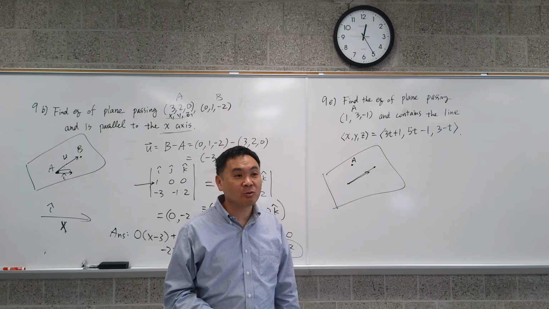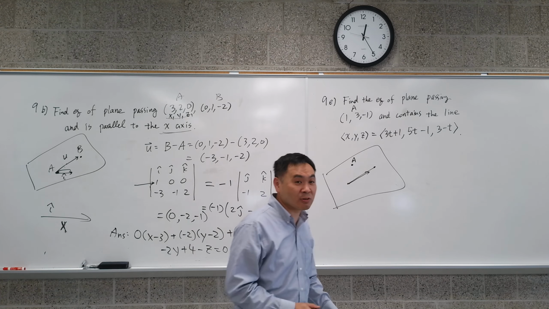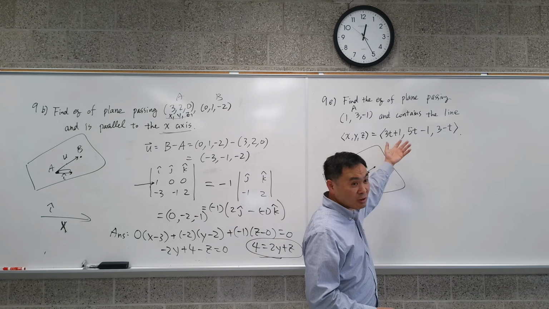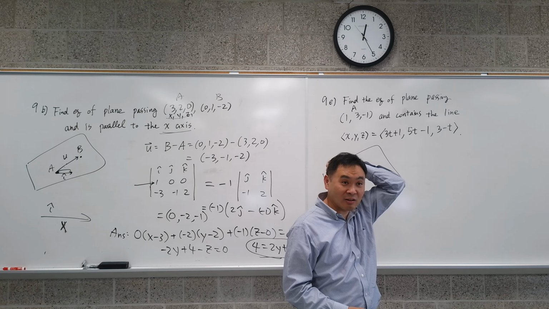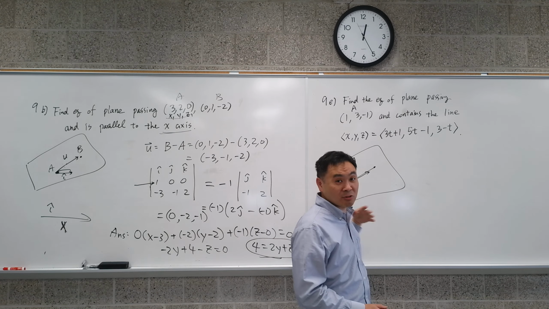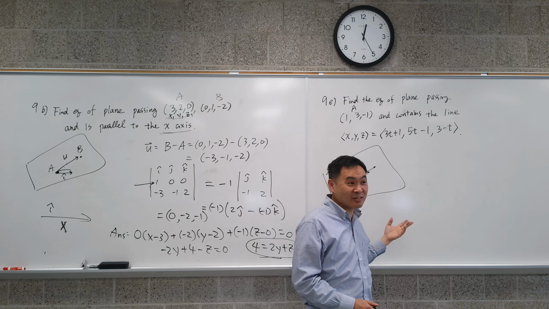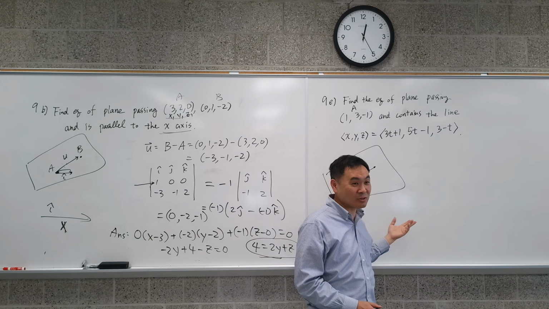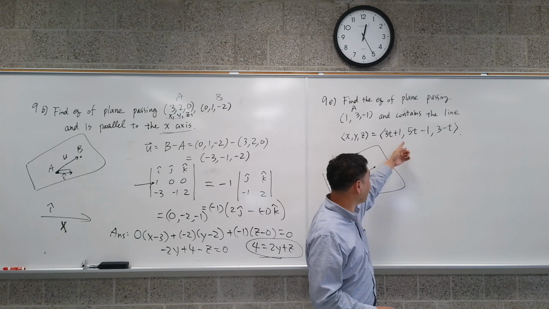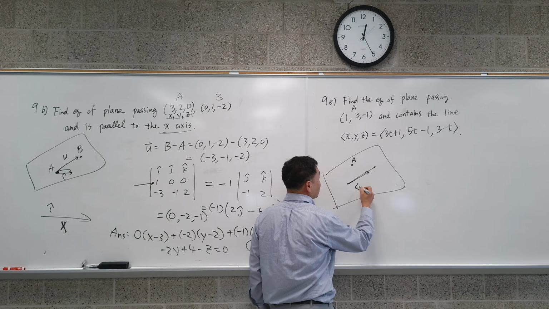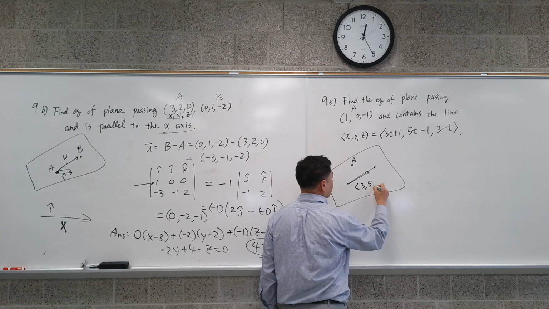Why is that? Because that's what you get if you differentiate, right? If you have something moving, then you differentiate, you get the velocity, and velocity must be the direction of the line. Obviously, right? Was that hard? No, just differentiate. That's 3, 5, negative 1. That's the direction.